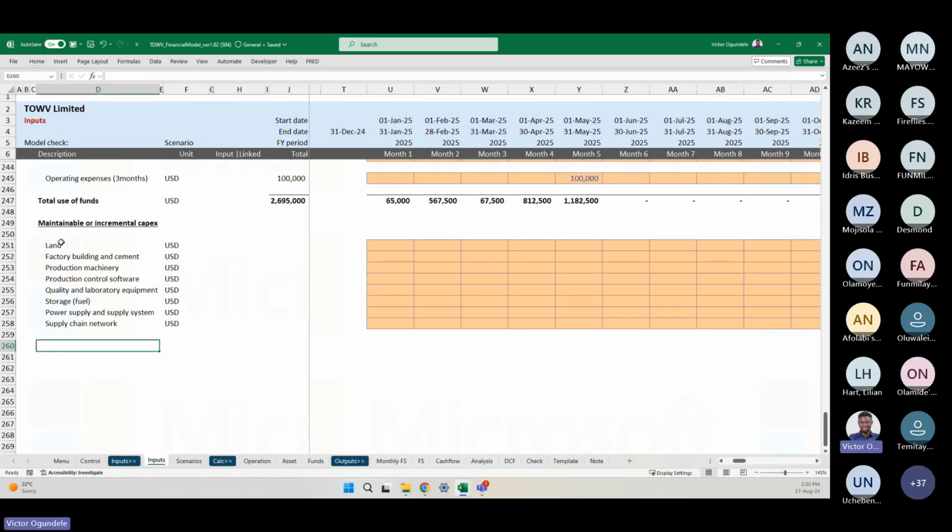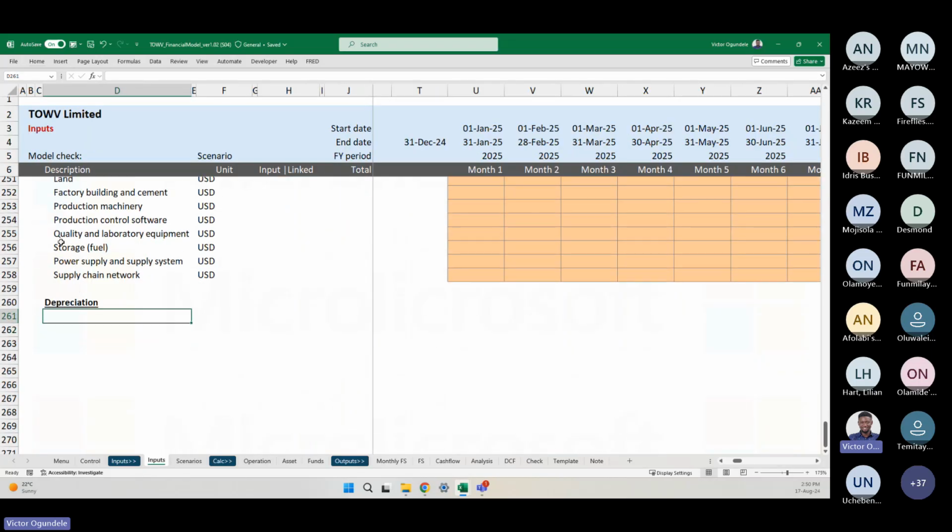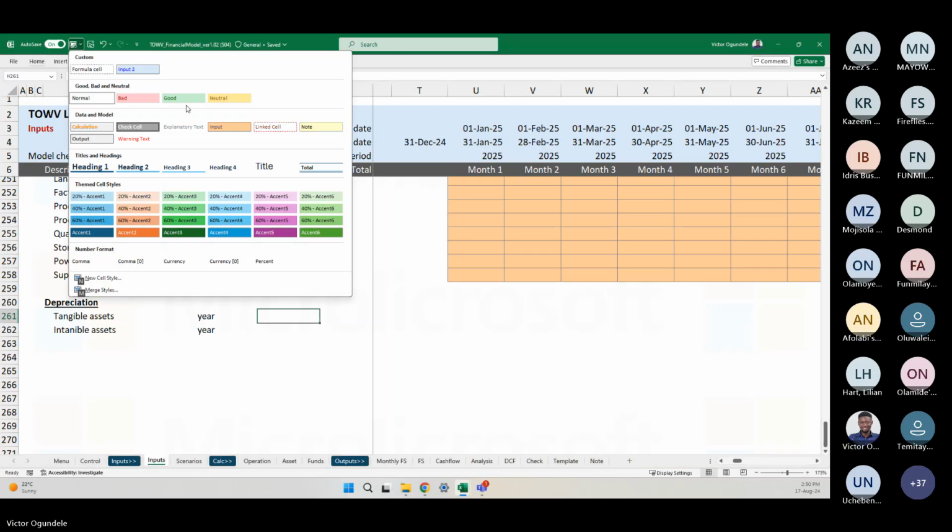Okay, but let's call this our depreciation, and for this we are going to call this tangible assets, and then intangible assets. So as I said, if they have different lifespan, definitely you need to incorporate that.